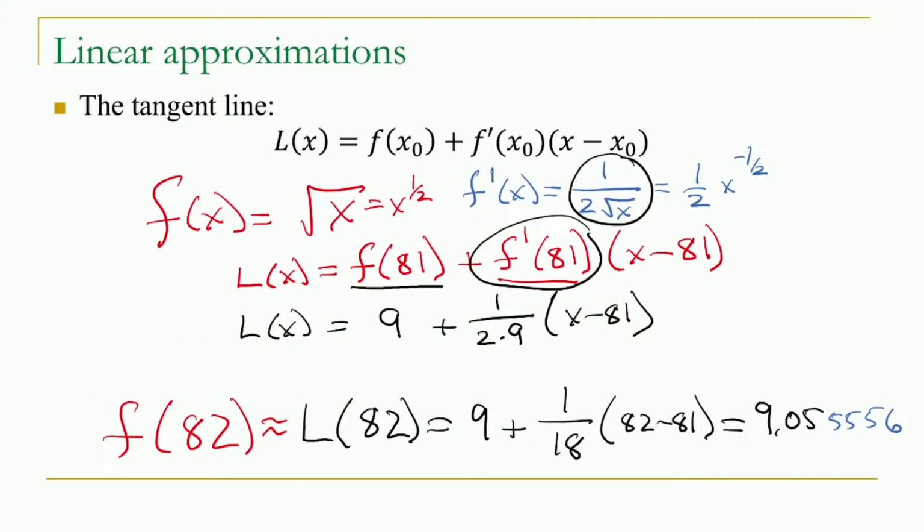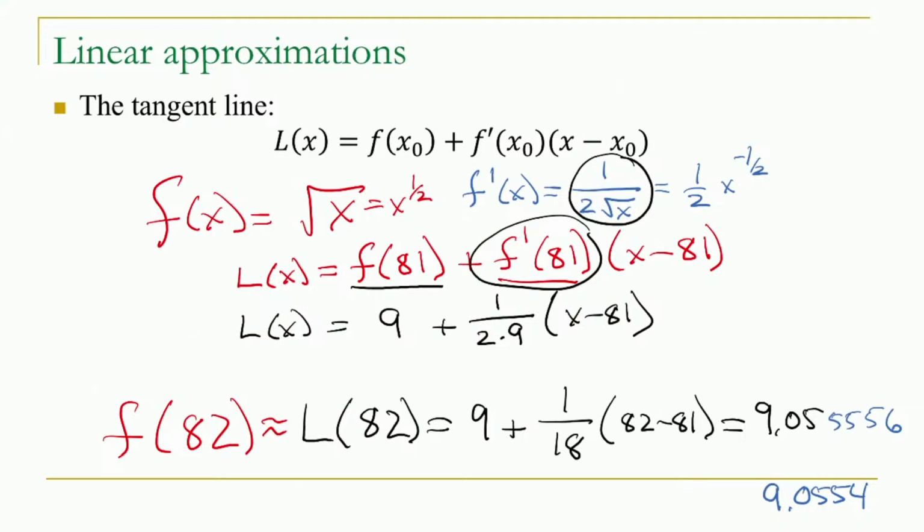Let's actually see what the calculator thinks the square root of 82 is, just for fun. Square root of 82, 9.0554. So I got 9.0555. The calculator gives me 9.0554. I know I'm rounding there, but I just wanted to brag about how close I am.